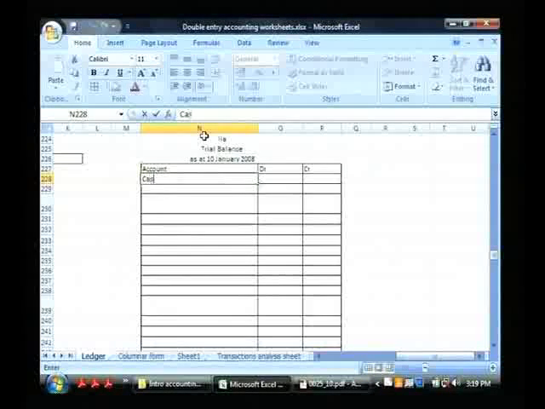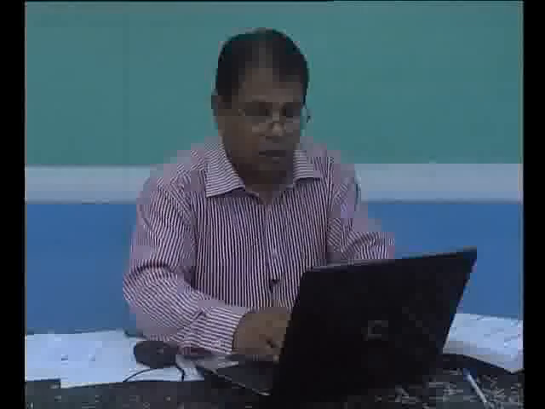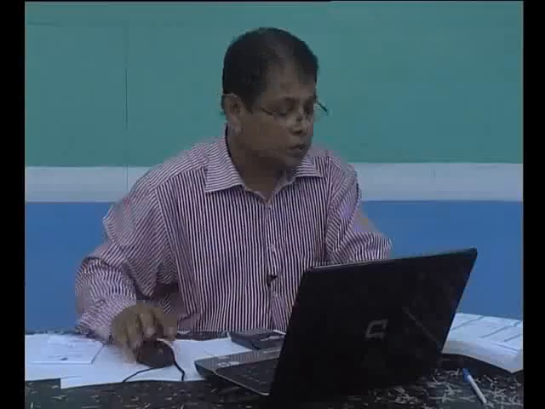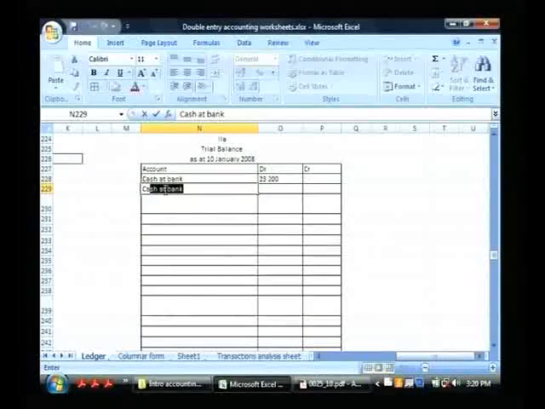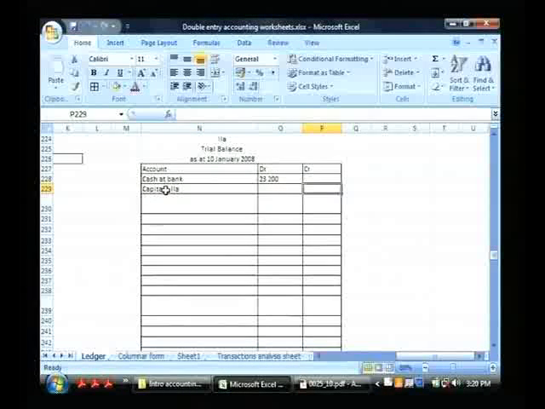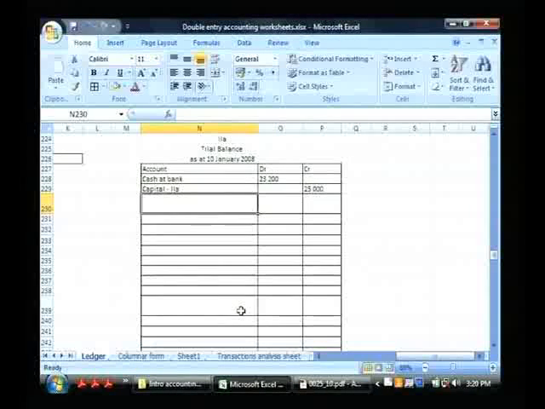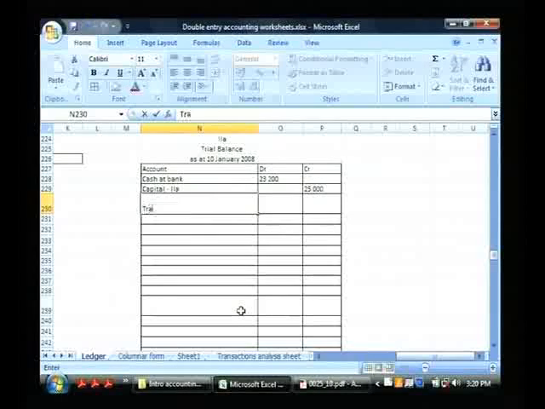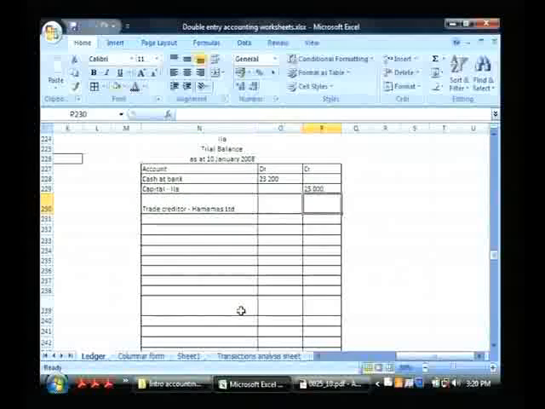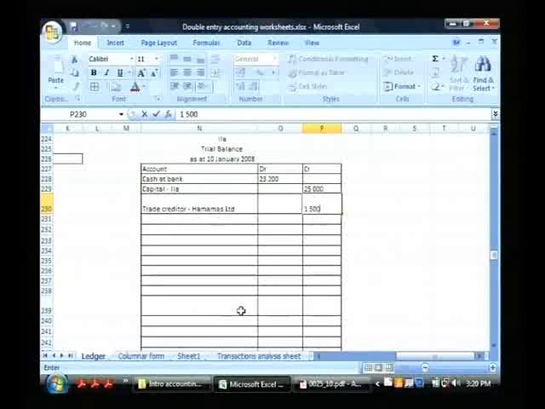Cash at bank account, 23,200 debit. Capital, ILA 25,000, and trade creditor Hamamas Limited, credit balance of 1,500.